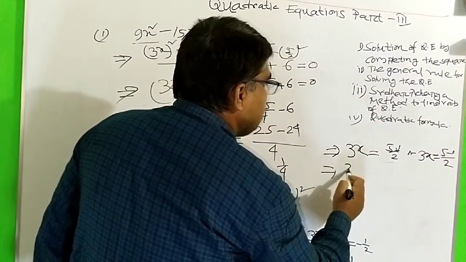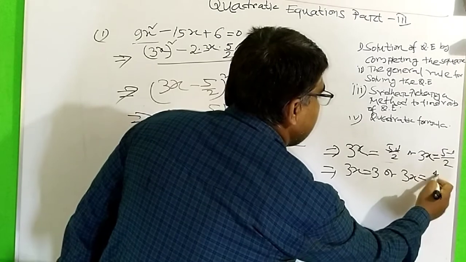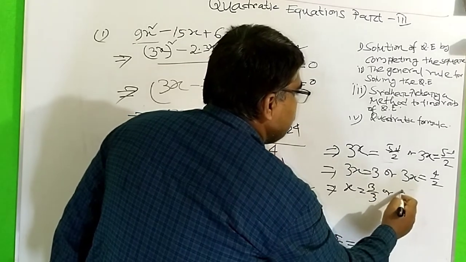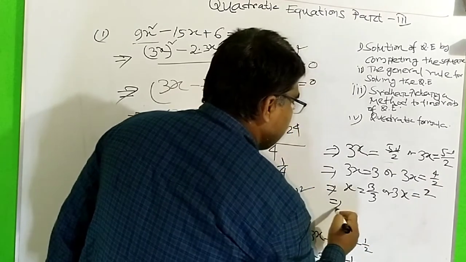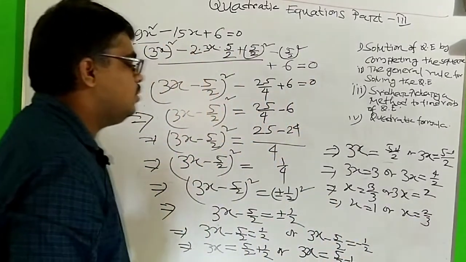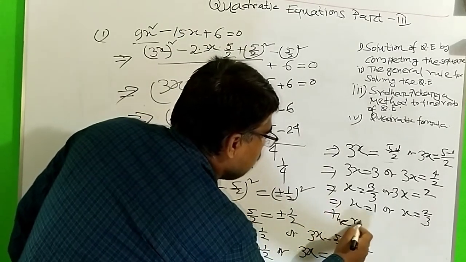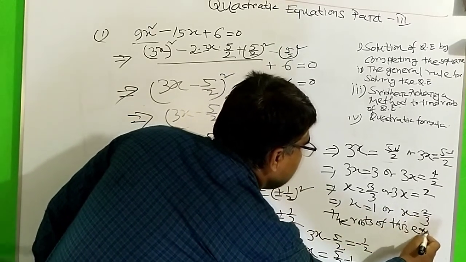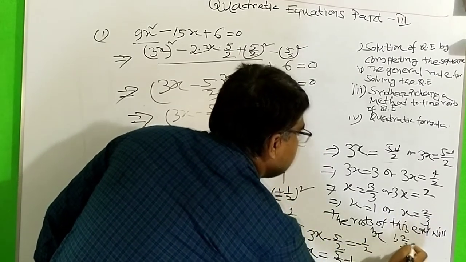This implies 3x equal to 3, or 3x equal to 4 by 2, that is 2. This implies x equal to 1 or x equal to 2 by 3. So the roots of this equation will be 1 comma 2 by 3.